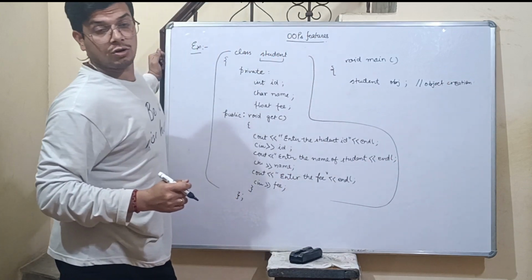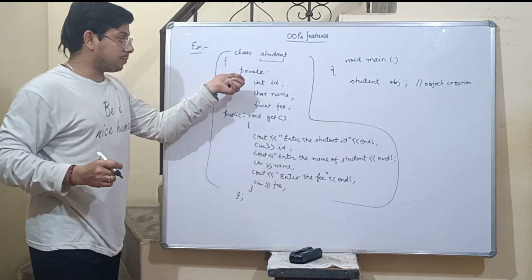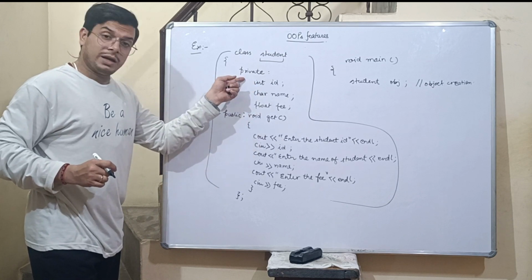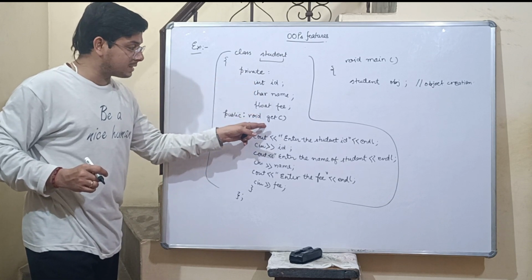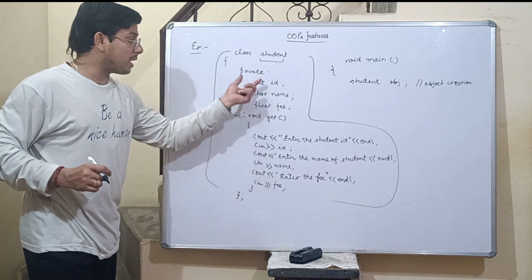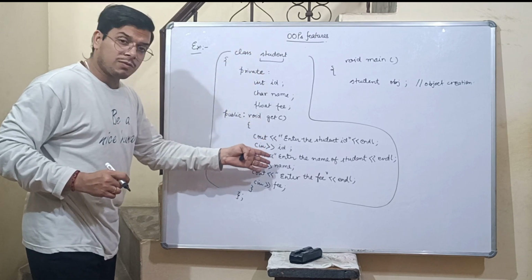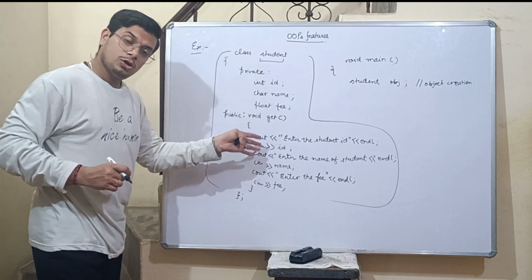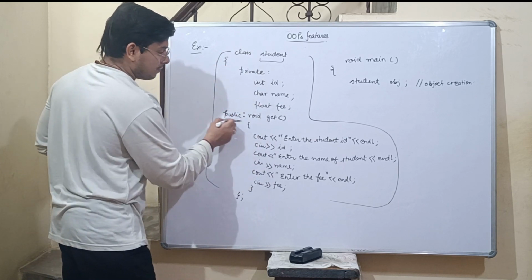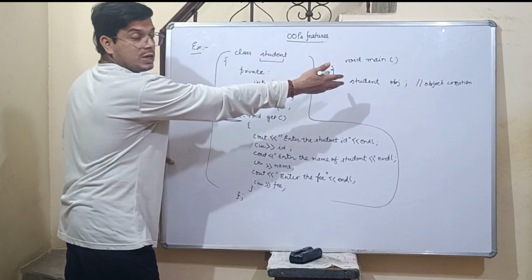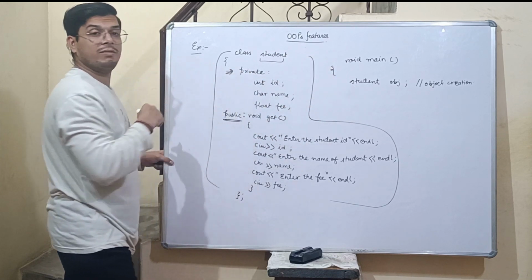And this object will call what? This private is not accessible, a private member can only be accessed with the member function of the same class. So this is public, we can access this function with the help of the object, but we cannot access this private.